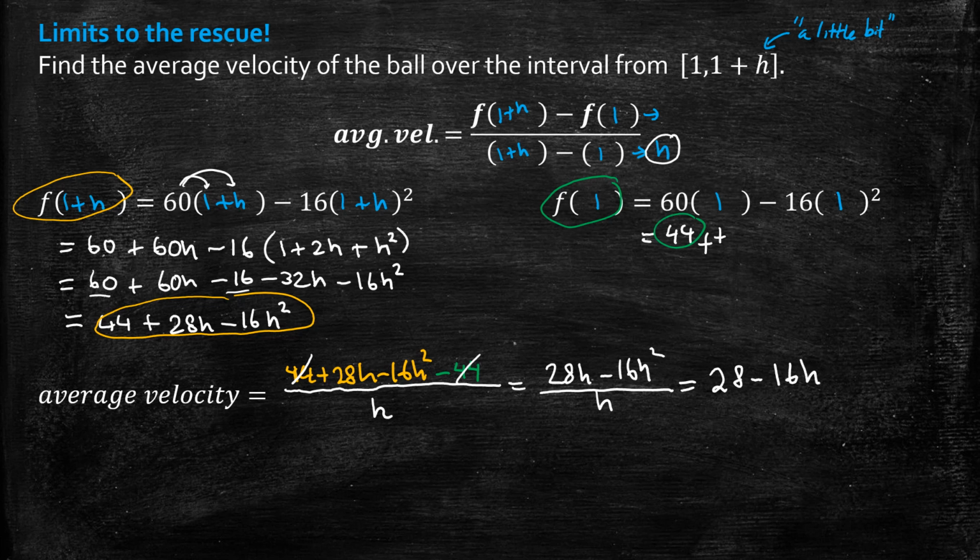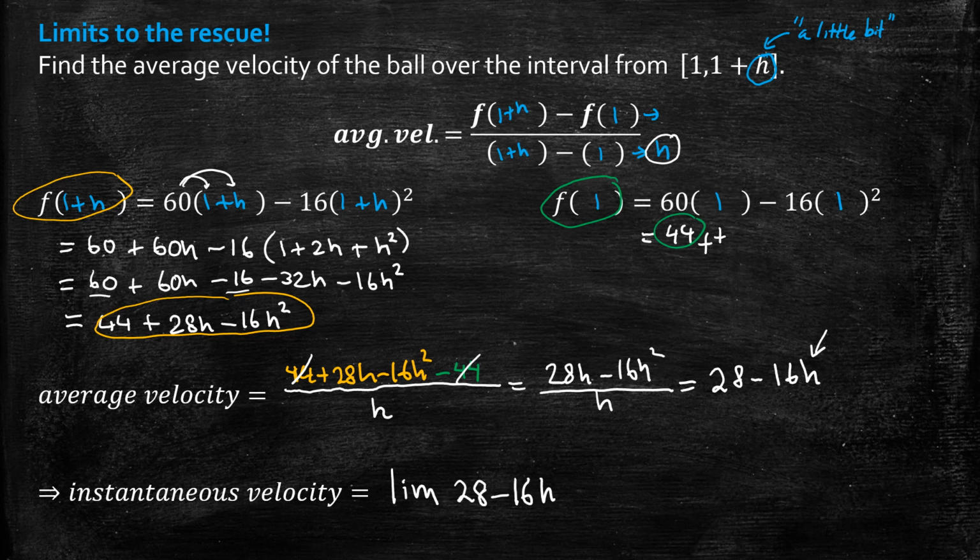Now, how is this going to help us find the instantaneous velocity? Well, there's only one thing we need to make happen here. Remember that h was just a little bit? Ideally, h would just be 0. Now we're at a stage where we can actually put in h equals 0 legally and get an answer. So all we need to get the instantaneous velocity is to take the average velocity and make h go to 0.